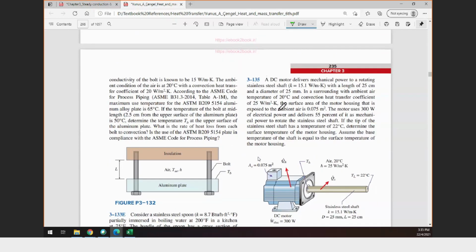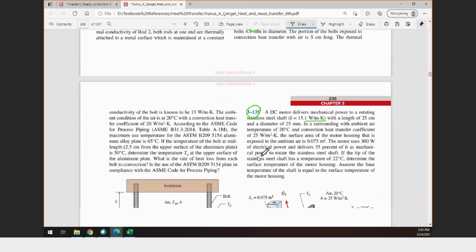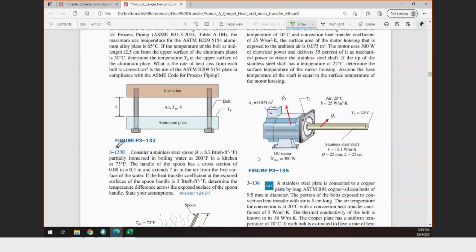Try to take examples that use SI units, like this one. If it involves English units, where you have this symbol E, it means the units used in the problem are English units.